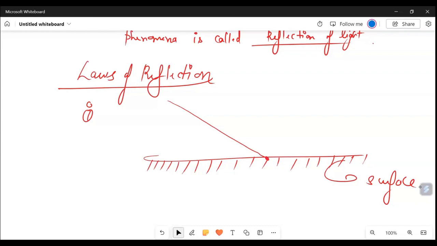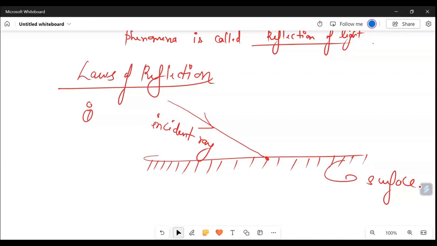Since it is coming downward, we need to point out the arrow. Since this light is incident on the surface, we call it the incident ray. I-N-C-I-D-E-N-T ray, incident ray.